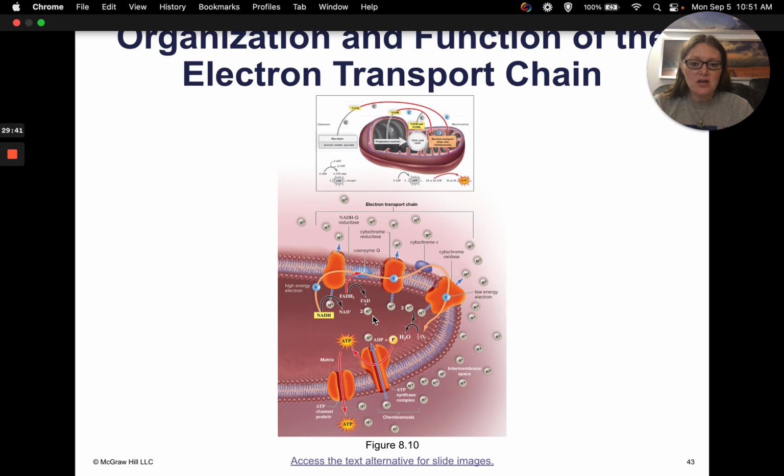As those hydrogen ions get concentrated, the concentration inside is greater than the concentration outside. And then we have the hydrogen going through the ATP synthase into the inside of that matrix and creating that ATP molecule. So the ATP synthase is spinning around, creating that ATP energy.